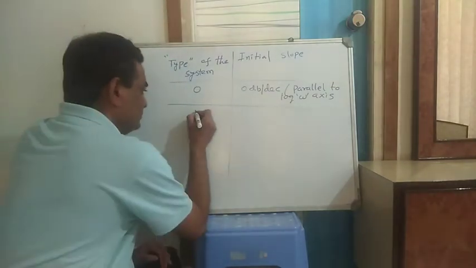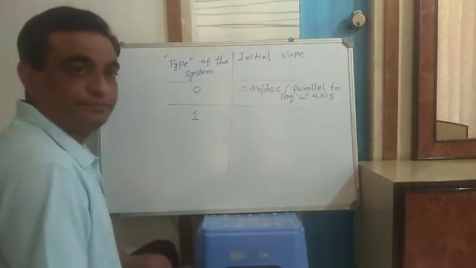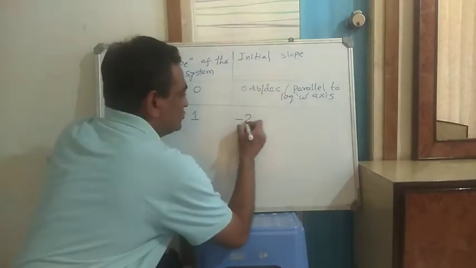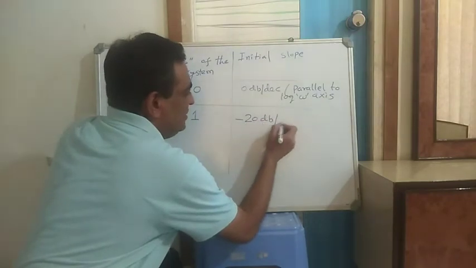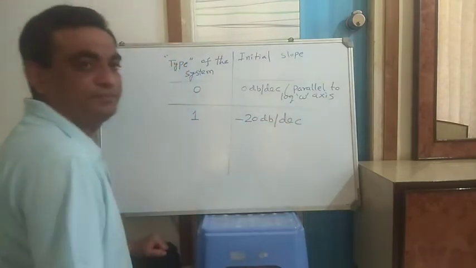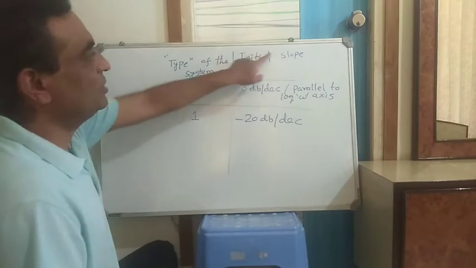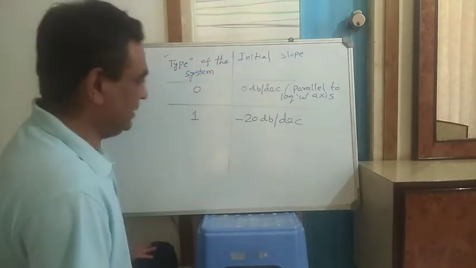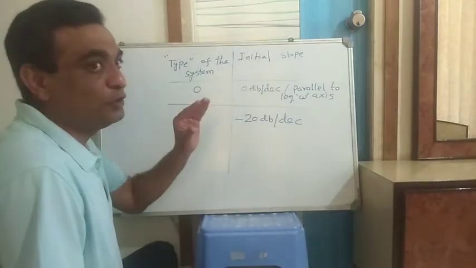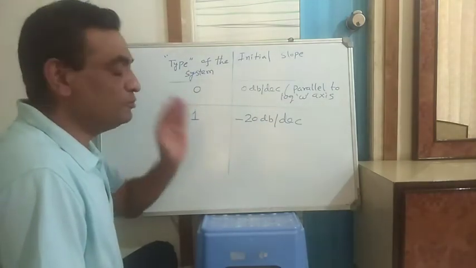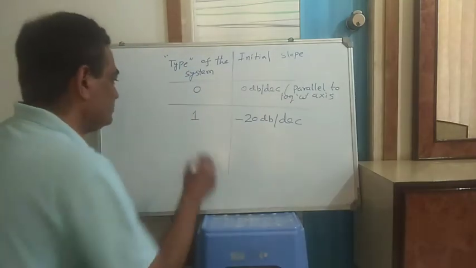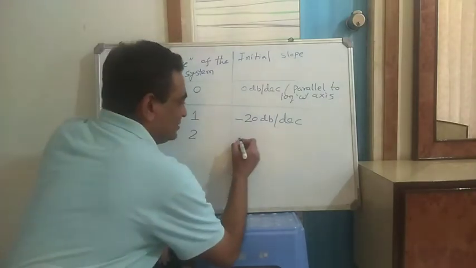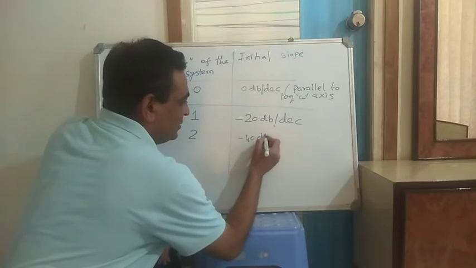Now, if it is a type 1 system, then the slope is minus 20 dB per decade. The initial line has a slope of minus 20 dB per decade. In one decade, the magnitude will change from 0 to minus 20 dB. If it is a type 2 system, then it is minus 40 dB per decade.